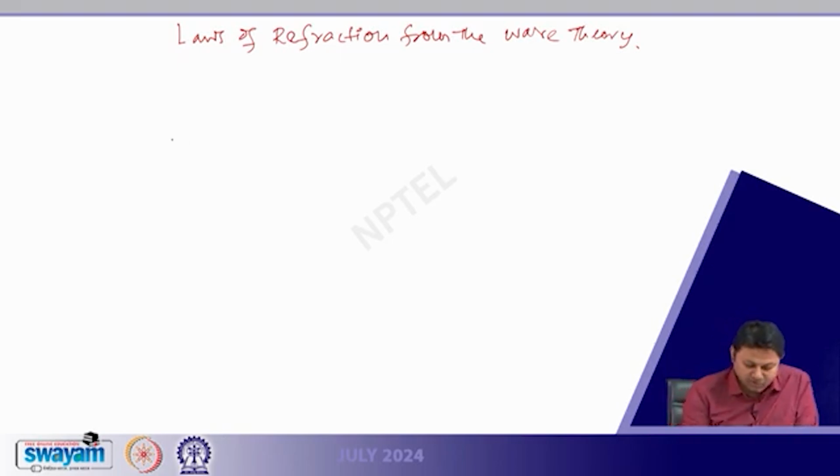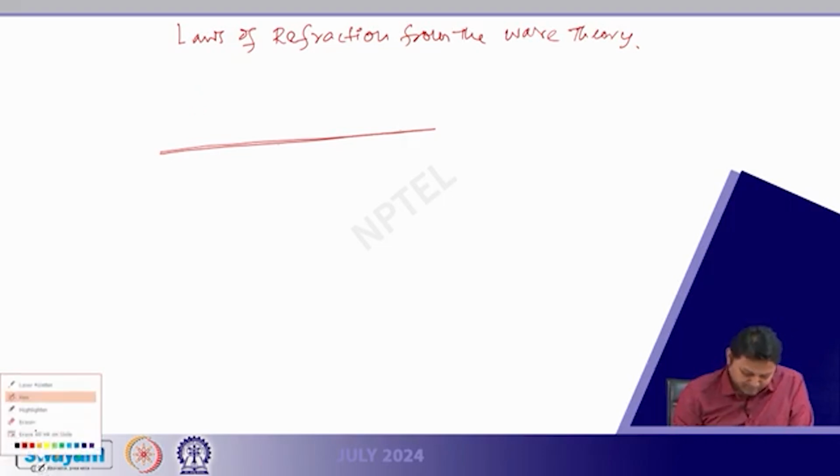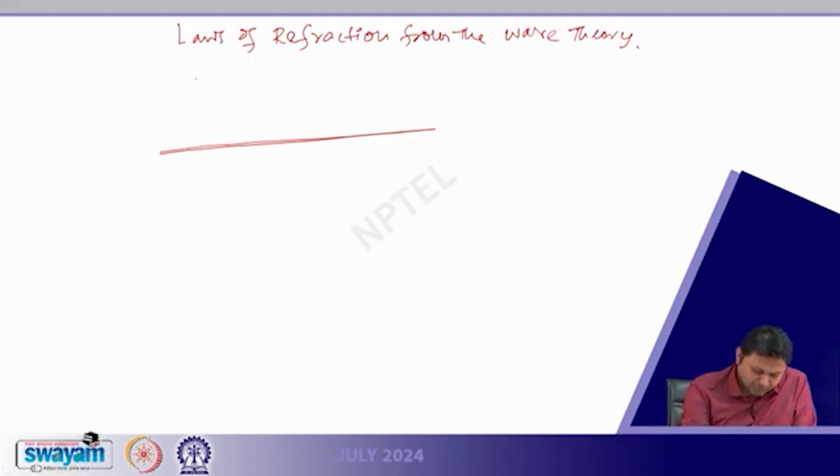So, again let me draw. This is the interface I am drawing, and this is the perpendicular I draw, and then light will fall here as before.